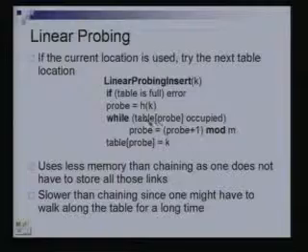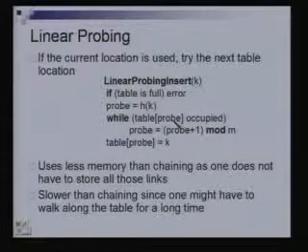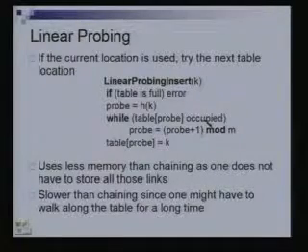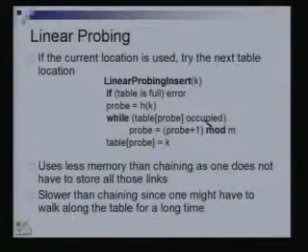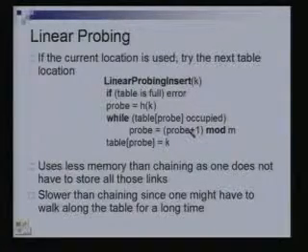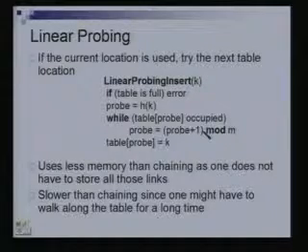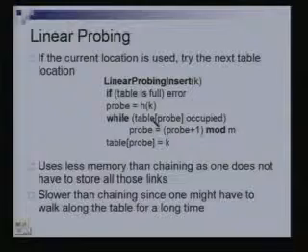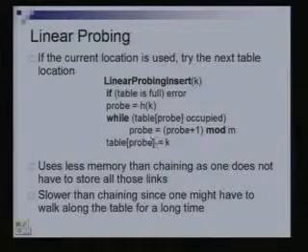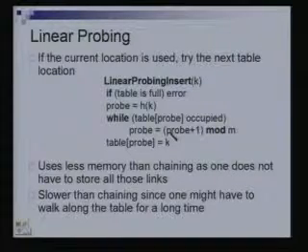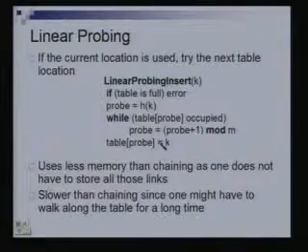If this place is occupied, if there is some element sitting here, then I just go to the next location. So probe is incremented by 1. And then I once again check if it is occupied. If it is occupied, I increment again and I go on and on till I find an empty location. At that point, I will put the element k.